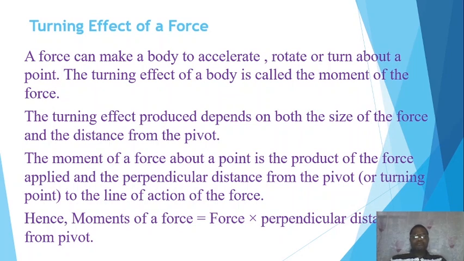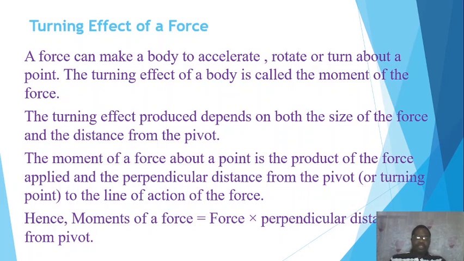So therefore, we define moment of force about a point as the product of the force and the perpendicular distance from a point to the line of action of the force.